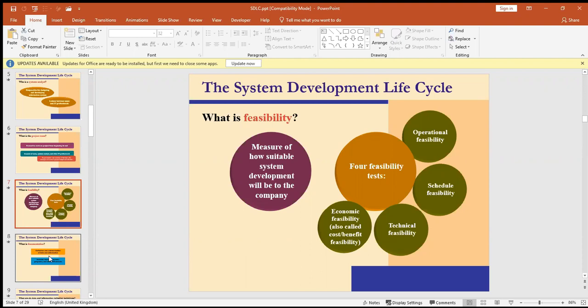Do we have all it takes in terms of the technologies required? Those are some of the issues we are supposed to look at to see whether the implementation of the project is feasible or not.